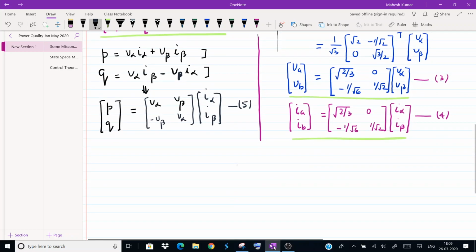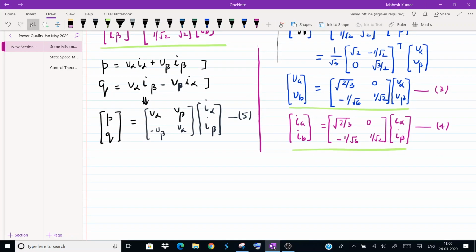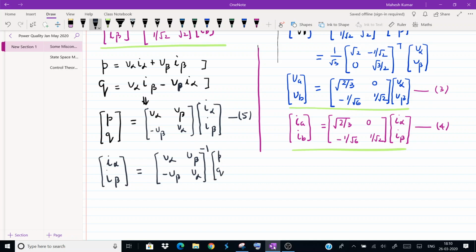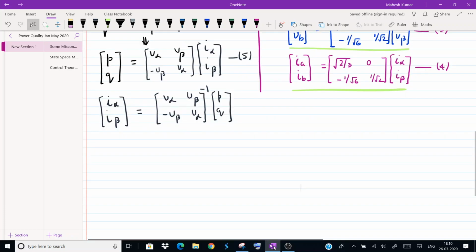And this gives an idea that we can express I alpha, I beta, the current components, in terms of P and Q. So this is B alpha, this is B beta, this is minus B beta, this is B alpha, and the inverse of this matrix, into P and Q. Now what is the meaning of this?